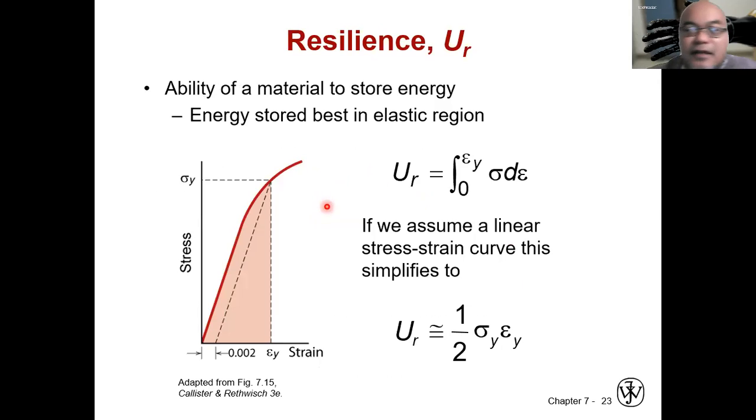Then another mechanical property is called resilience, U_R. This is the ability of a material to store energy. Energy is stored best in the elastic region here. So the area under the stress-strain curve is considered as the energy: the integral from 0 until epsilon_y, where epsilon_y is the yield strain when noticeable plastic deformation occurs.